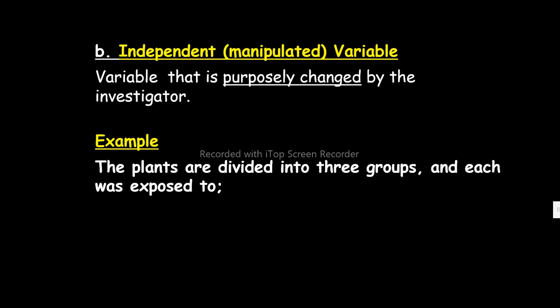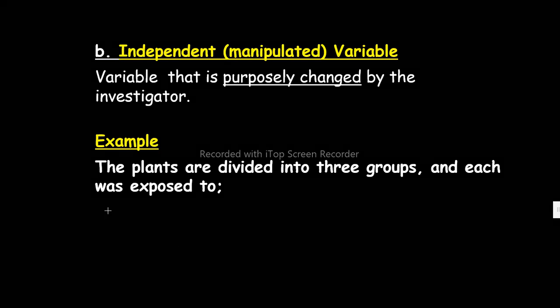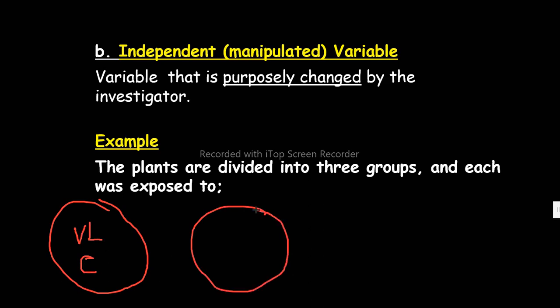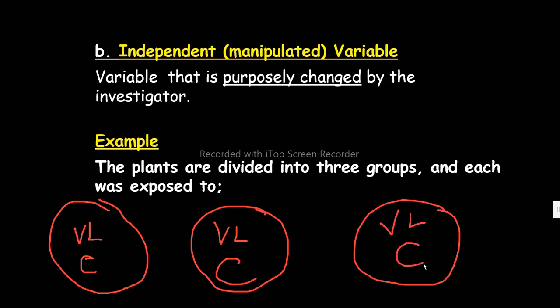First of all, they are grown in the same locality, same habitat, okay? And you divide them into 3 groups. You have velvet leaf plants, and you have the corn in this group. The same thing, you have the velvet leaf and the corn in the other group. And the same in this group. So that's how you've designed your experiment. And then you expose each group to different carbon dioxide concentration.